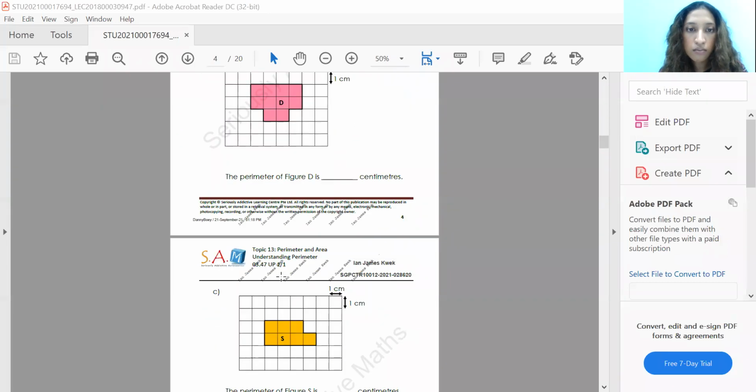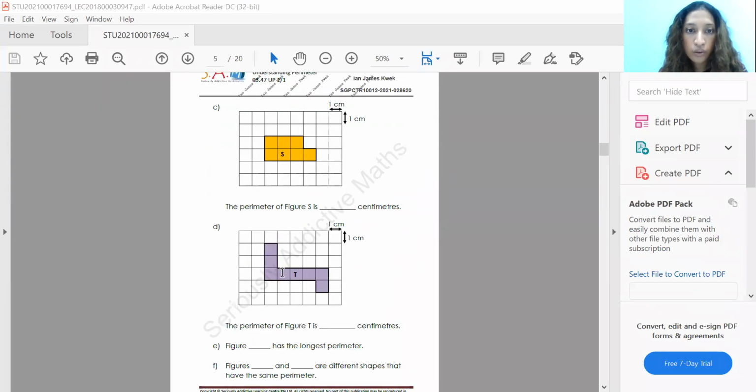What I want you to do right now is to pause this video and attempt this question for me. The perimeter of figure S is 12 cm. I hope all of you got that. How we got 12 is 1, 2, 3, 4, 5, 6, 7, 8, 9, 10, 11, 12.